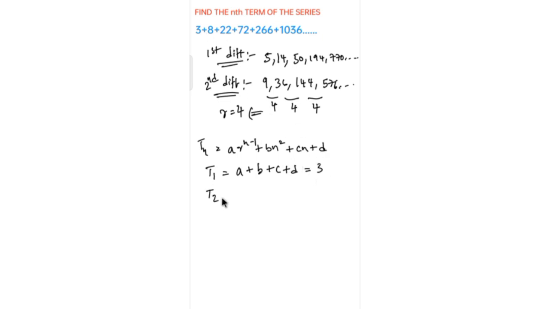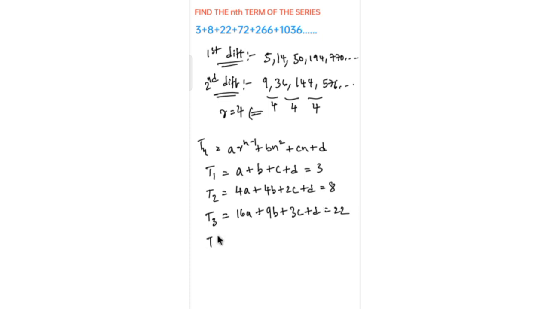When you put n is equal to 2, you get A into R power 1, so that means 4A plus 2 square, which is 4, so 4B plus 2C plus D, which is equal to 8. Now T3: R power 3 minus 1, which is R square, so 16A plus 9B plus 3C plus D, which is equal to 22.